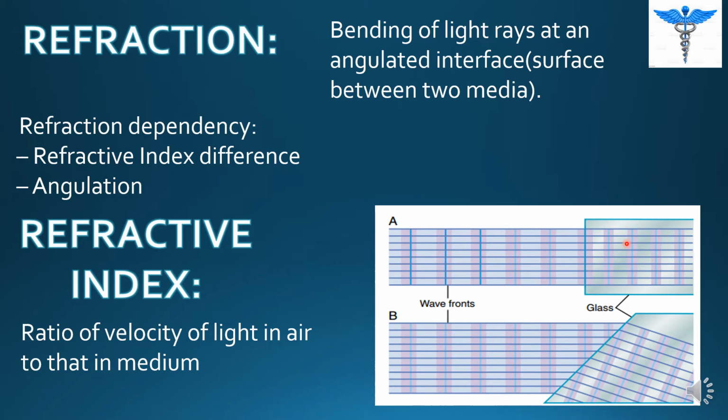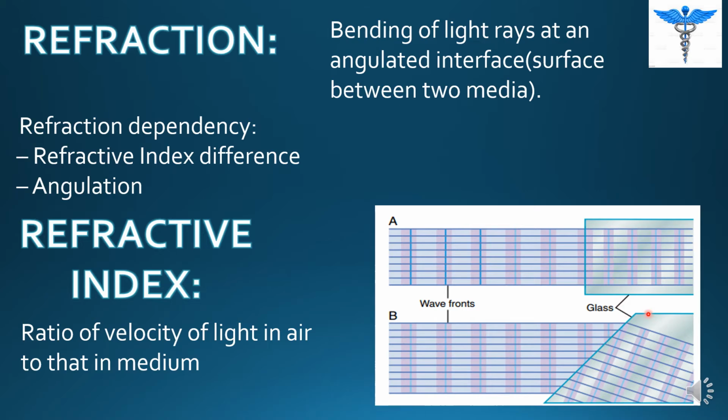Now the greater the refractive index, the greater will be the refraction, right? If light is passing from a vacuum into space, there will be no refraction. But when light passes through glass, the other medium, which has a greater refractive index of 1.5, it bends slightly.